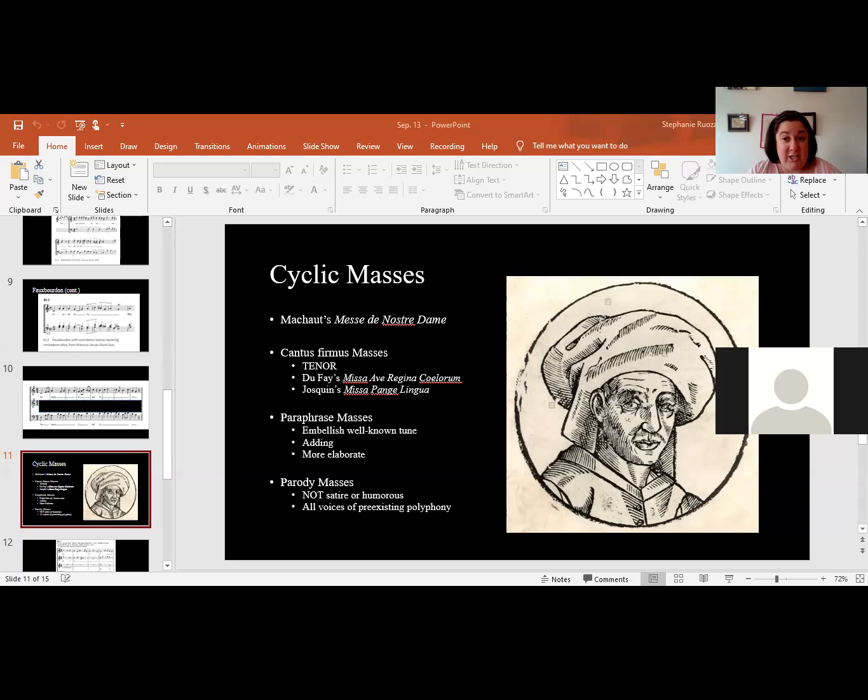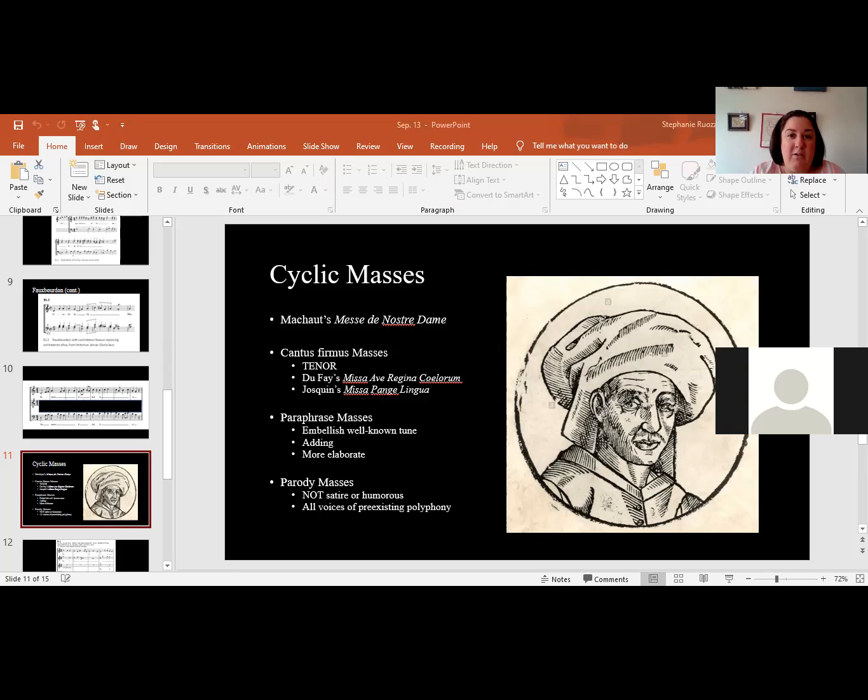Now, we definitely should know this one at this point in the semester. What are my 5 movements of the Mass Ordinary? Okay, for the sake of time, Kyrie, Gloria, Credo, Sanctus, and Agnus Dei. Write them down now because you should know them by now.